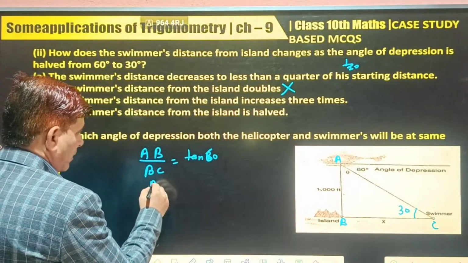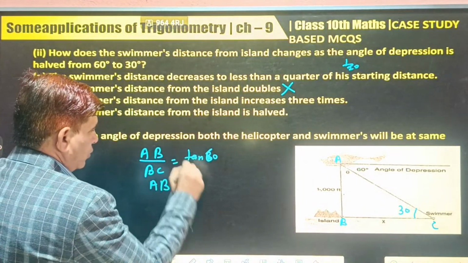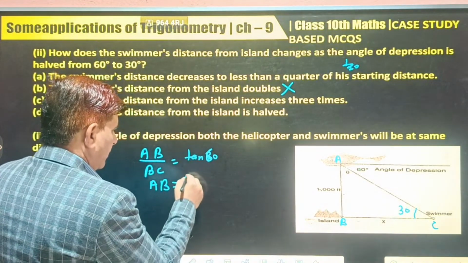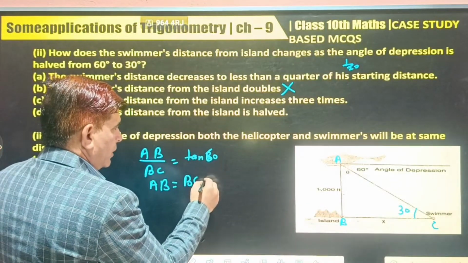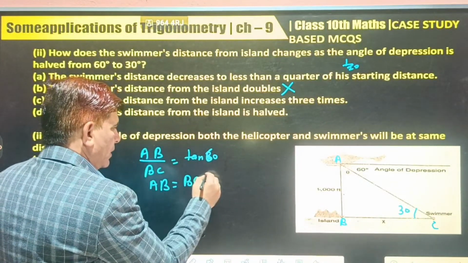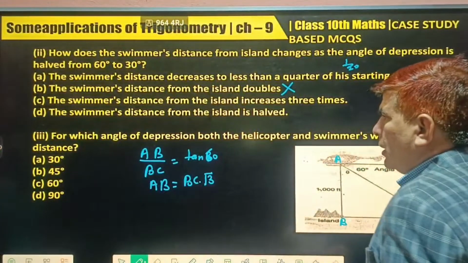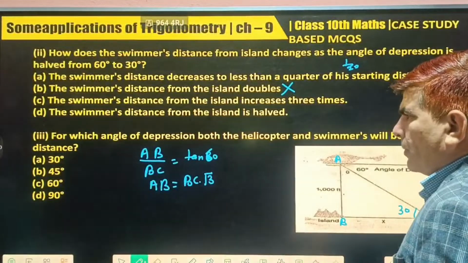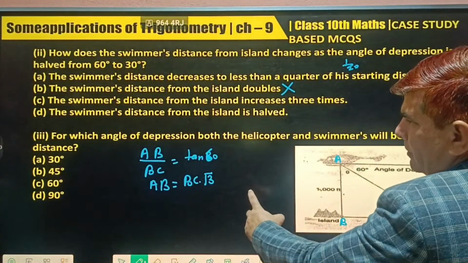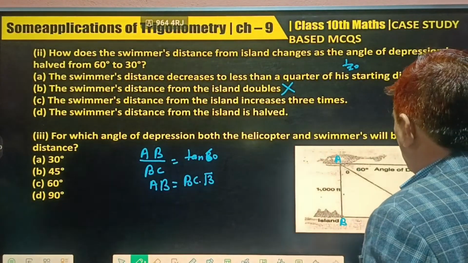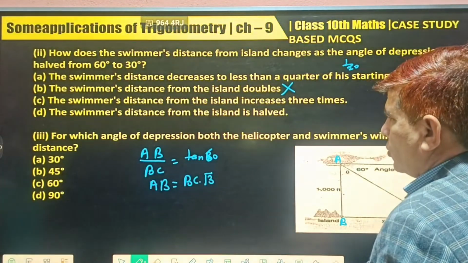So AB equals BC into tangent 60, under root 3. Yes or no? So AB is equal to BC under root 3.